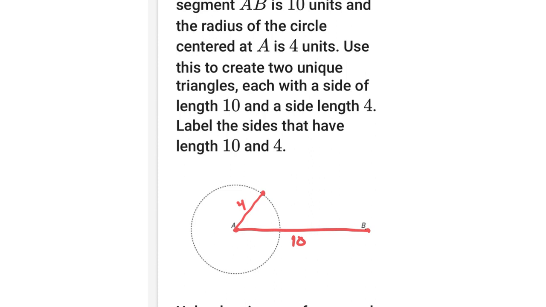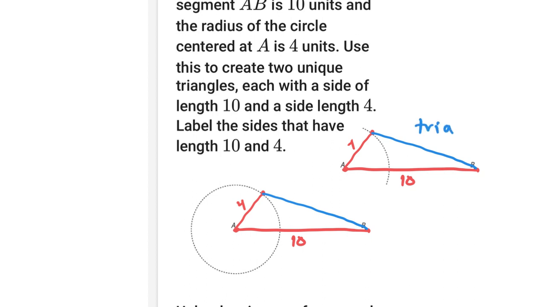So if I go and I create one triangle, there we go. That is one of the triangles. If we were to cut that out, there's one triangle. I'm going to just call it triangle 1. And then I could also maybe have a radius like way out here.